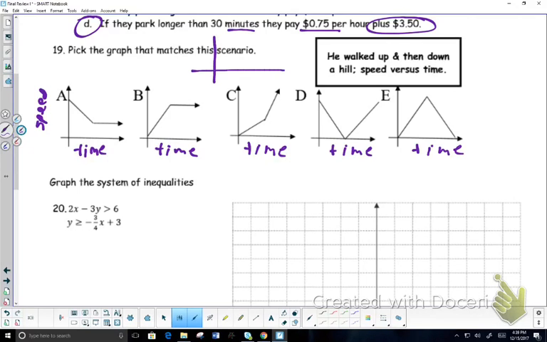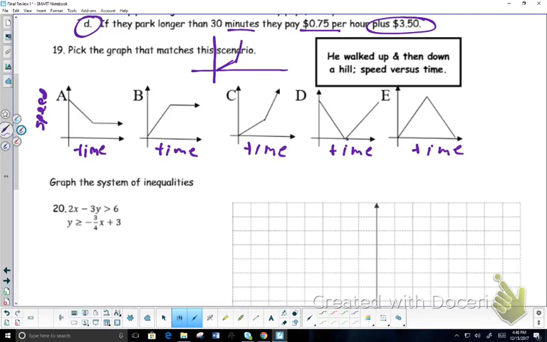As time goes by, if I walk up a hill, am I going to go faster or slower than when I walk down the hill? So maybe you're thinking going up the hill, I'm walking up the hill, here's my speed. And then when I start going down the hill, wouldn't I increase my speed? Maybe that would be the way that would go. So that would be my idea to kind of walk through, and you could go through each one of these.